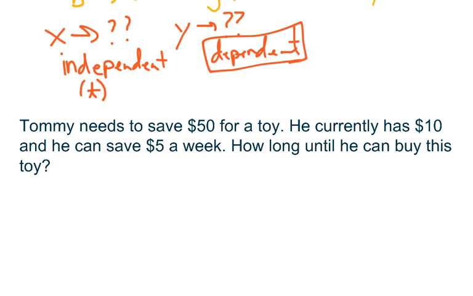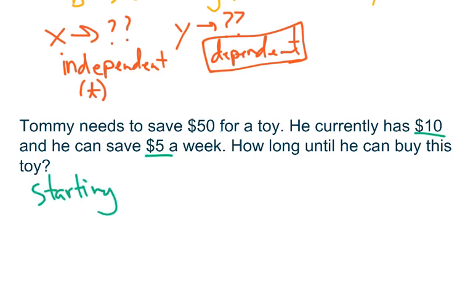Now this one is in the most basic format you'll probably see when it comes to these types of word problems. I see two numbers here, 50 and, 50 is extraneous information, we don't need that one, 10 and 5. He currently has $10. Well, currently has $10 makes that sound like a starting point.